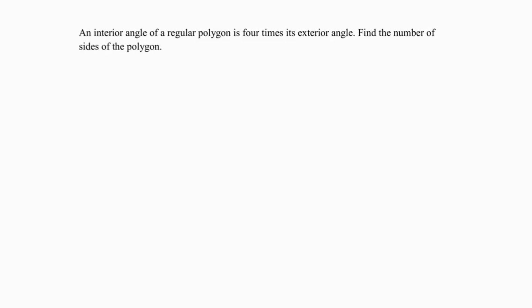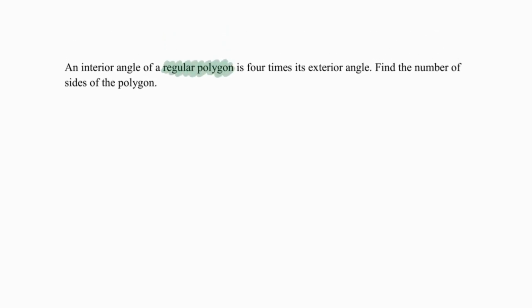Hello everyone, welcome to this math video where we are going to solve this problem that gives us a regular polygon. So this tells us something. This tells us that the sides are equal. The angles are also all equal.